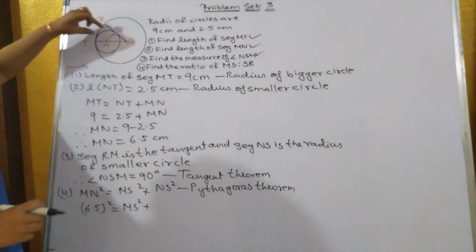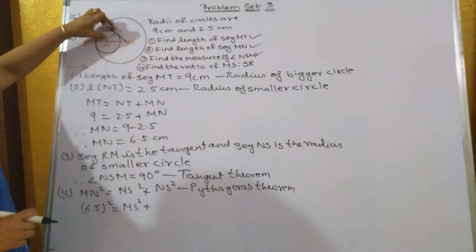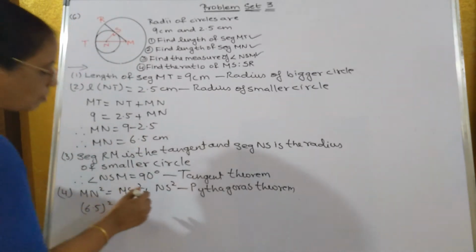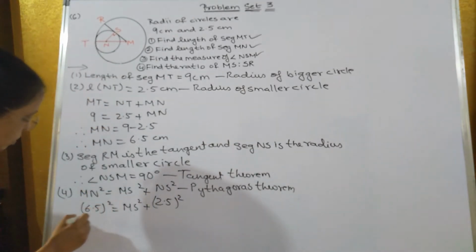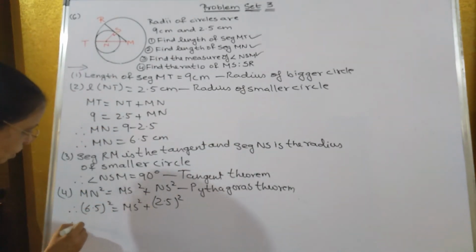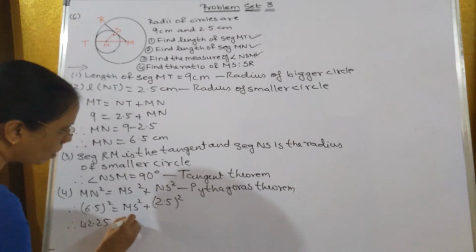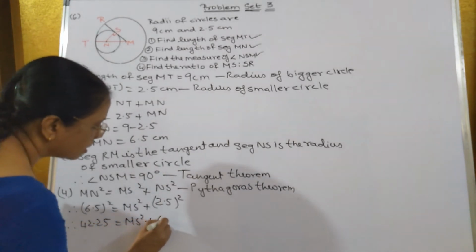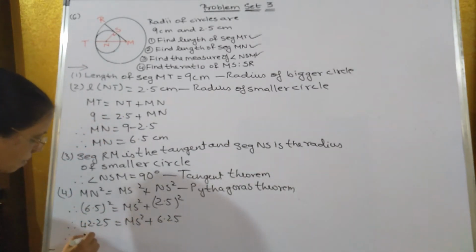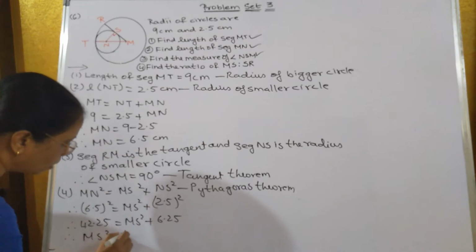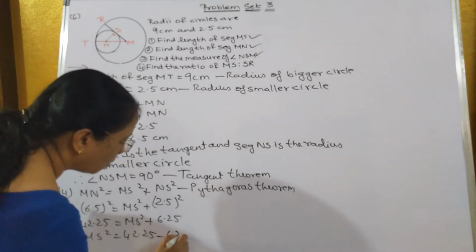If you look at this, NS is the radius of the smaller circle, N is the center of the circle, and S is touching the circle. So the smaller circle radius is 2.5, squared. Therefore 42.25 is equal to MS square plus 6.25. Therefore MS square is equal to 42.25 minus 6.25.